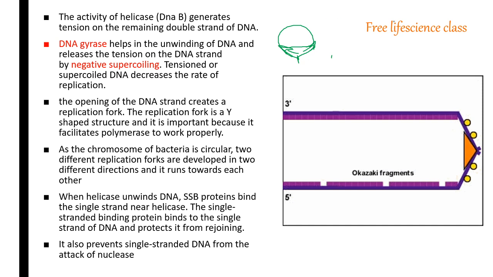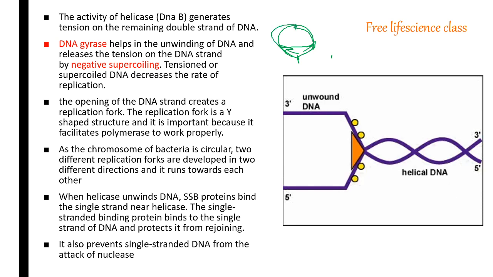So lots of DNA replication forks are formed in eukaryotes. When two replication forks come and meet, replication stops. In eukaryotes also, when two replication forks join, replication stops.